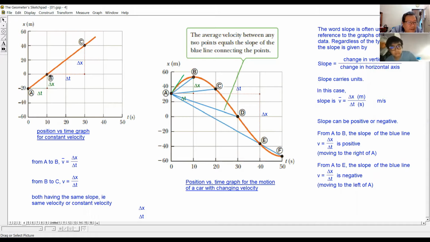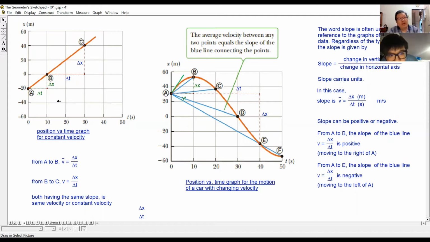So the vertical difference, that means this green line, can you see a dotted green line here? This vertical line of a right angle triangle represents the difference in position. Then this horizontal green line represents the difference in time, or the time interval.